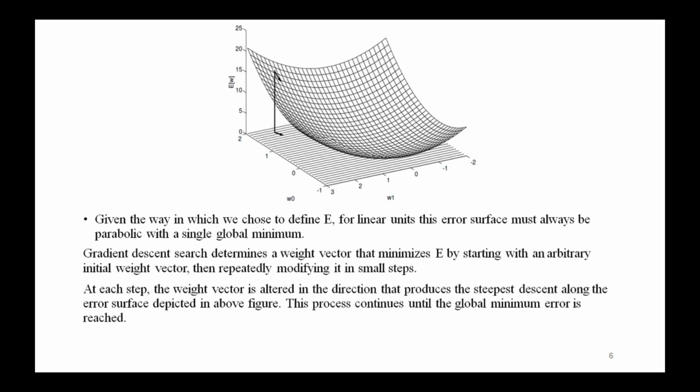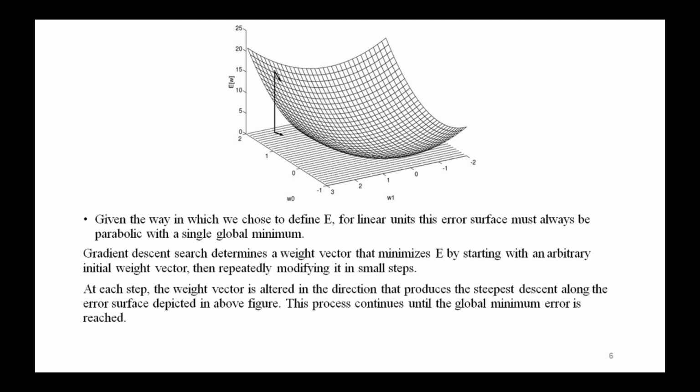For a linear unit with two weights, the hypothesis space H is the W0 W1 plane, and the vertical axis indicates the error of the corresponding weight vector hypothesis, relative to a fixed set of training examples. The figure shows the negated gradient at one particular point, which indicates the direction in the W0 W1 plane producing the steepest descent along the error surface. That is the illustration of this figure.